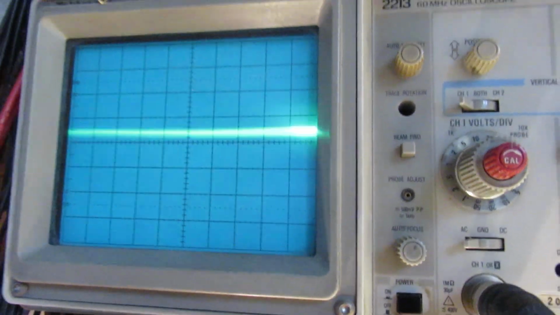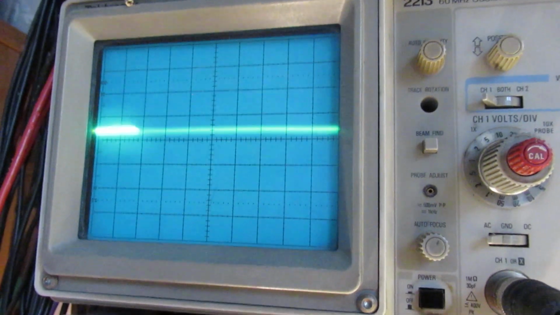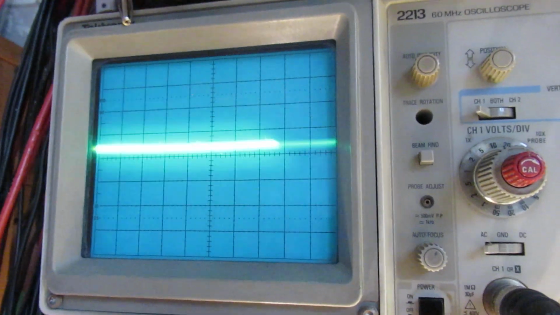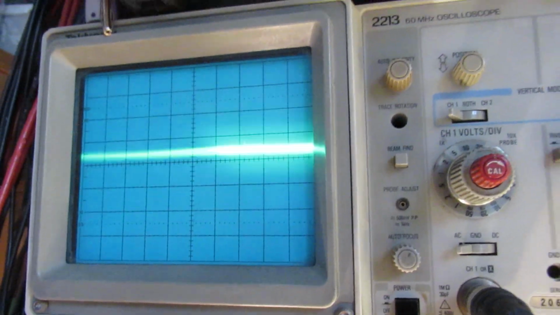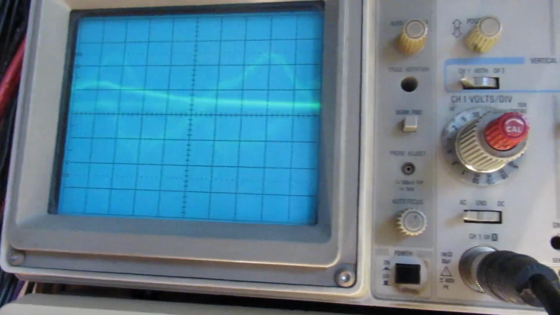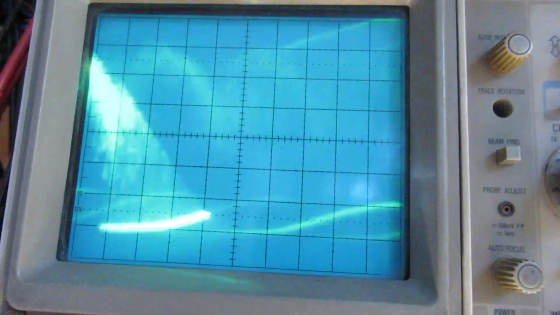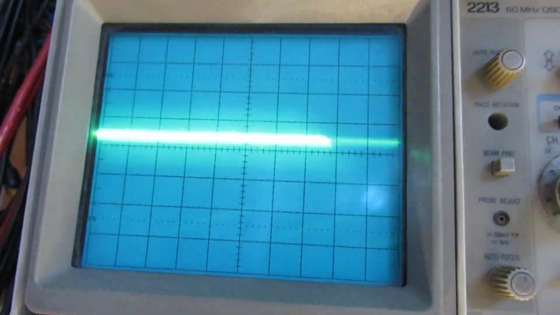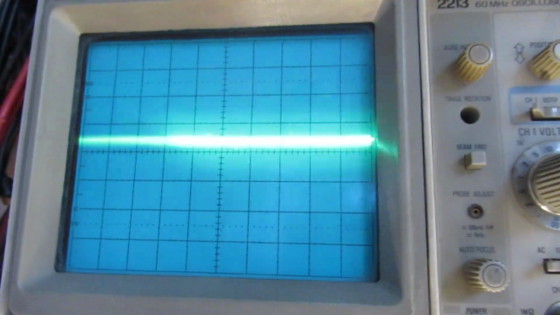You can see that this amplifier amplifies very much, and even tends to oscillate. You can see it here. So there's a tendency to oscillate, and that is perhaps one thing that I have to cure.